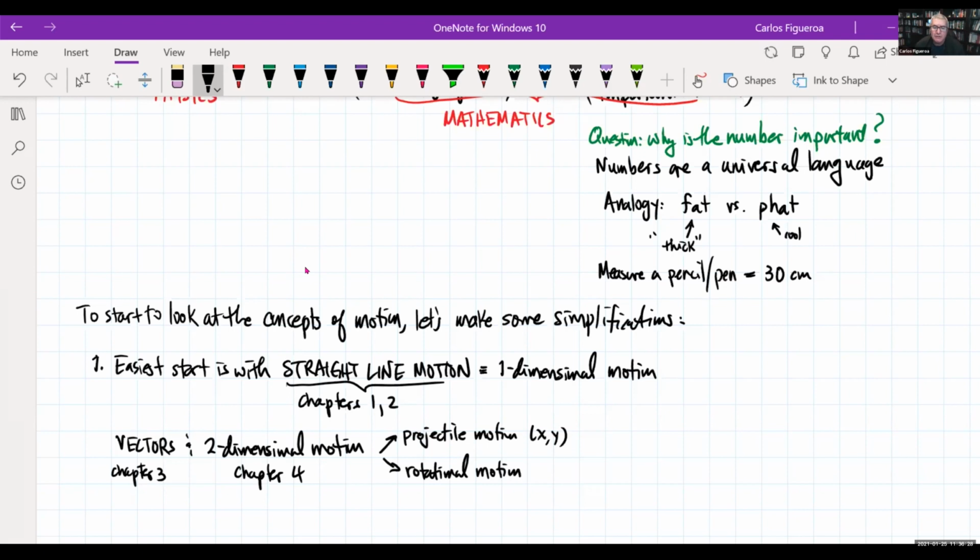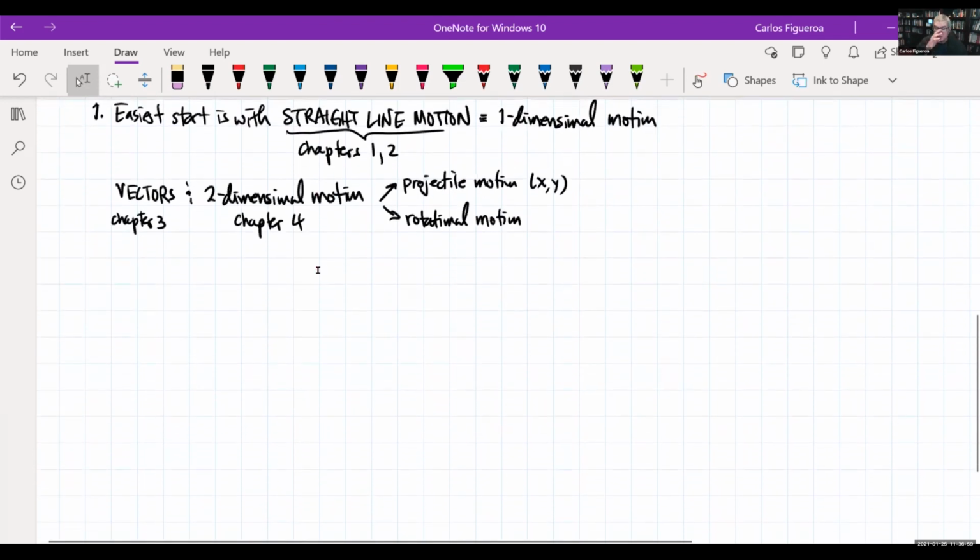Rotational motion also occurs in X and Y, but it might be convenient at this point to change the coordinate system into what is known as the polar coordinate system. Now, rotational motion we'll get to later on when we deal with what are called Newton's laws. So that's the first thing that we want to do. We start off with one-dimensional motion, which is chapters 1 and 2, and then we get ready for 2-dimensional motion, which is chapters 3 and 4.